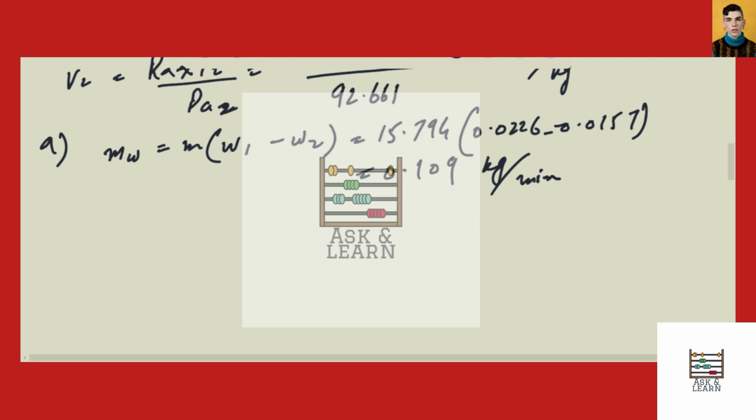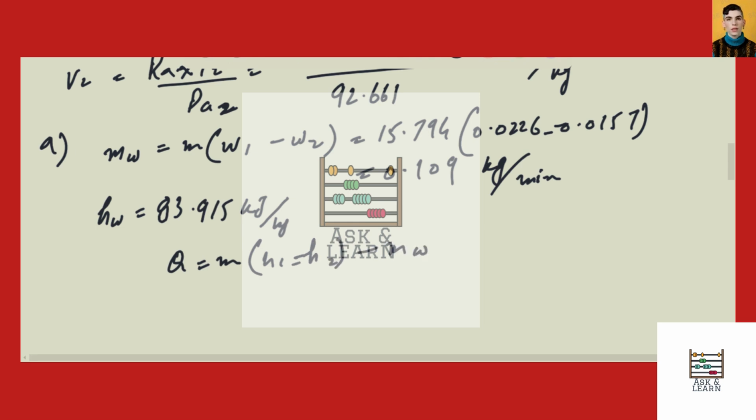So we can now use the energy balance equation to calculate the heat transfer rate, that is Q. For the calculation, we will also need the enthalpy of condensed water, that is HW is equal to 83.915 kilojoules per kg, and Q is equal to M into H1 minus H2, minus MW into HW.